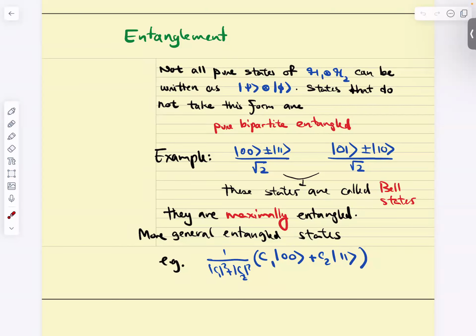It's a vector with dA times dB components, each of which is a complex number. Each complex number is 2 real parameters. You have to subtract 1 because the ket is normalized, it has unit norm. So this is the counting of the number of degrees of freedom in a ket.